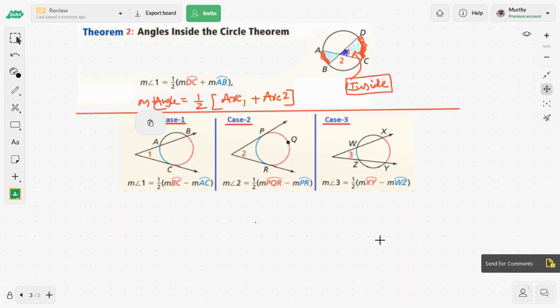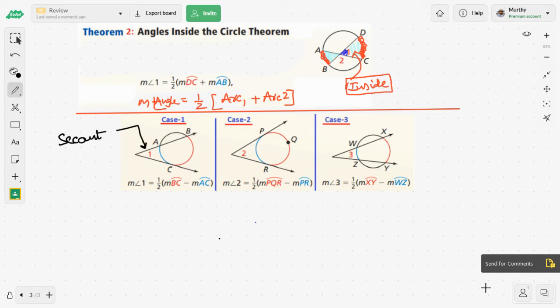Well, the next theorem has three cases. I already discussed in my previous classes that if a line segment intersects the given circle at two points, we call that a secant.